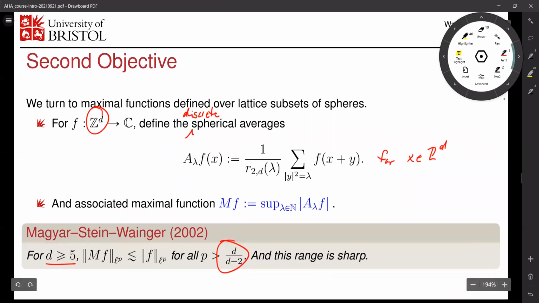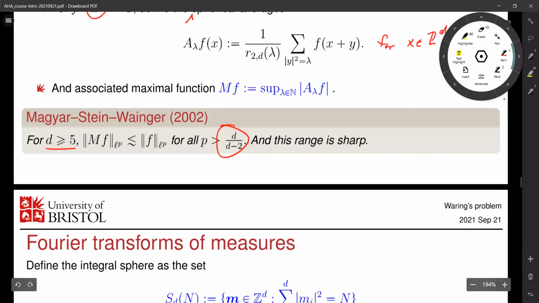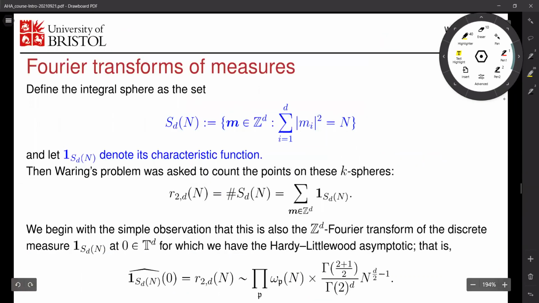So this was a landmark theorem in the field, and it still has a lot of relevance for future or current problems. One of the main pieces in Magyar-Stein-Wainger's proof of this bound was that they considered Fourier transforms of measures on the sphere, on this discrete sphere.